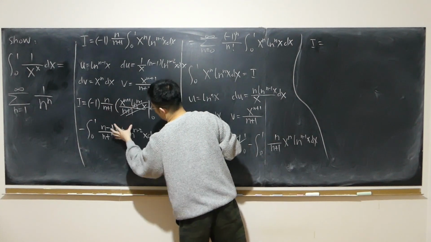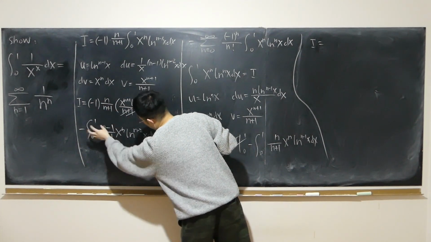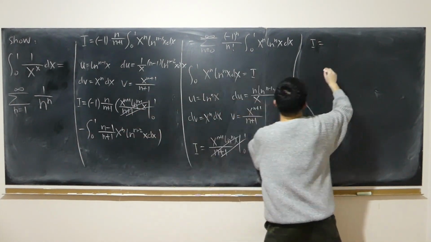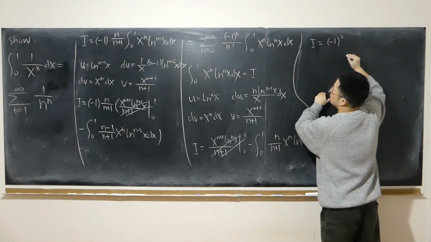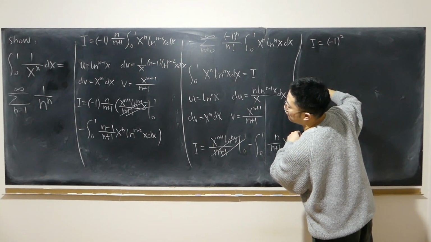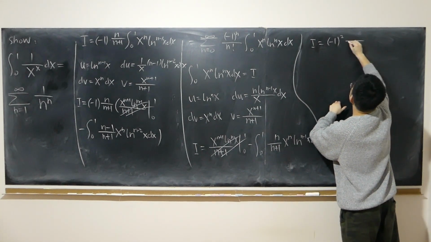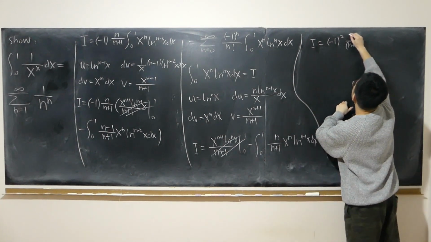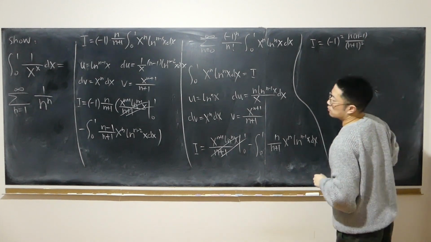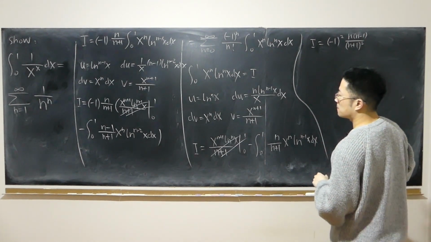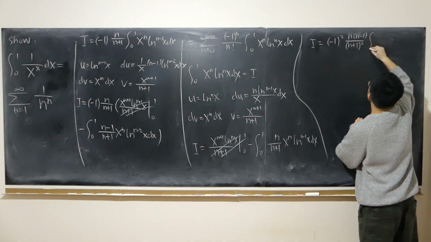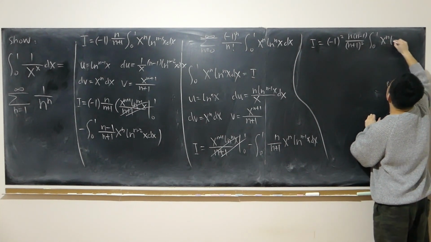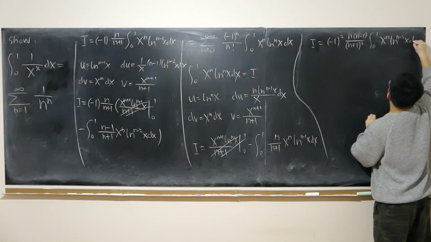This becomes 0. This constant is multiplied by this, but this constant is also taken out, and the negative sign out here, so negative 1 times negative 1, negative 1 to the power of 2. Here's the pattern. In the denominator, I have n plus 1 squared, and on the top, I have n times n minus 1, times the integral from 0 to 1 of x to the n times log to the power n minus 2 of x dx.